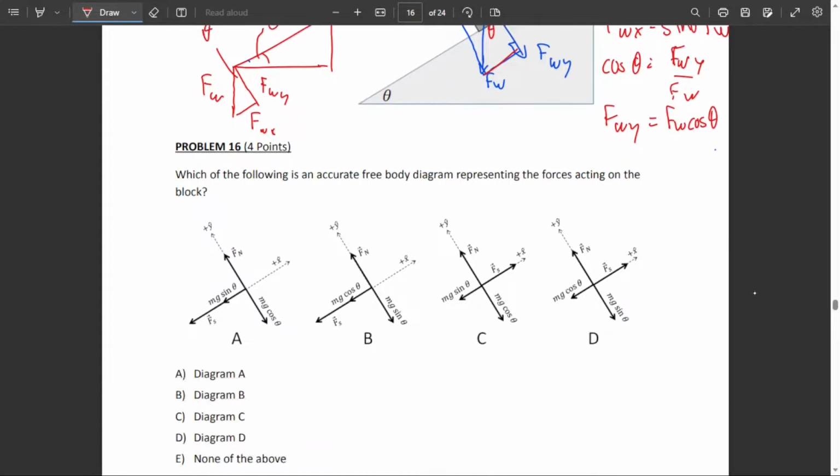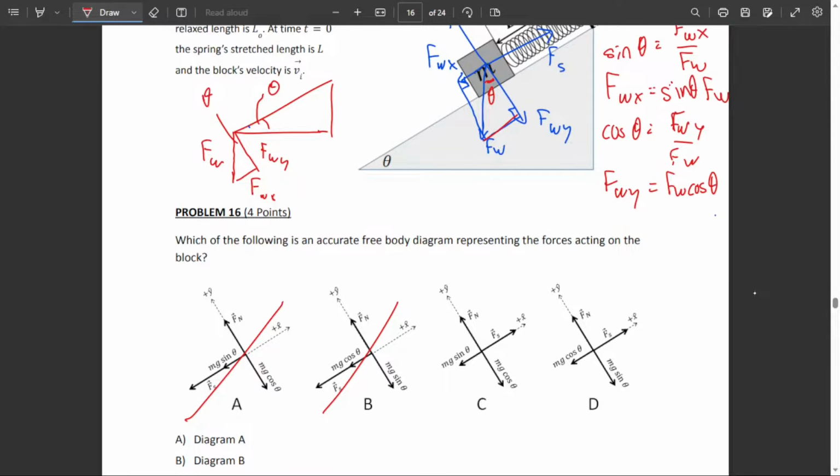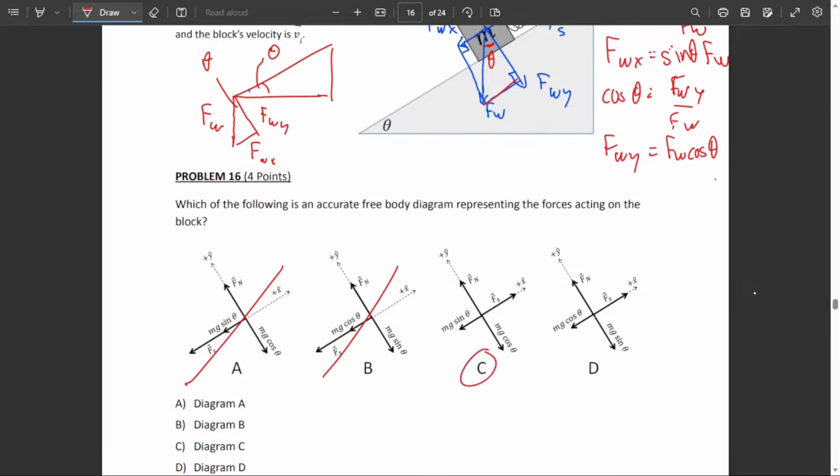So, looking at our answers, this one is wrong, it has the spring force in the wrong direction. This one is wrong, it has the spring force in the wrong direction. This one, C, is correct. One thing, they've substituted in mass times gravity for the force of weight.